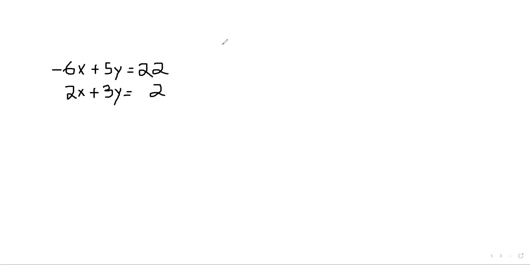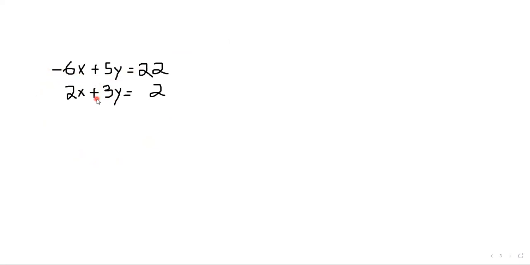All right, now let's take a look. You got to kind of formulate a plan. You got to strategize, see? So we have an equation up here with a negative. Lots of times, if one of these letters is negative and the other is positive, that's the one to work on. You'll notice that the 5y and the 3y are both positive.